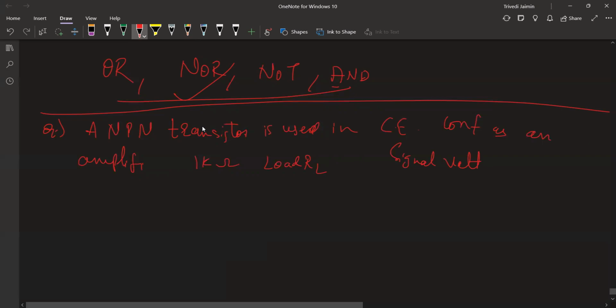Signal voltage of 10 millivolt is applied across base emitter. Okay. Last to last year question.